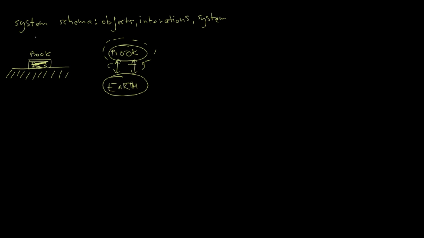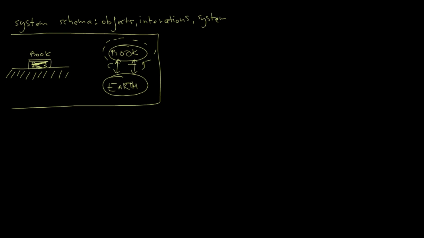Okay. All right. So this was one example, and I will do one more to make clearer what the system schema is and how you can use it. Let's say, for example, that we have two cars.